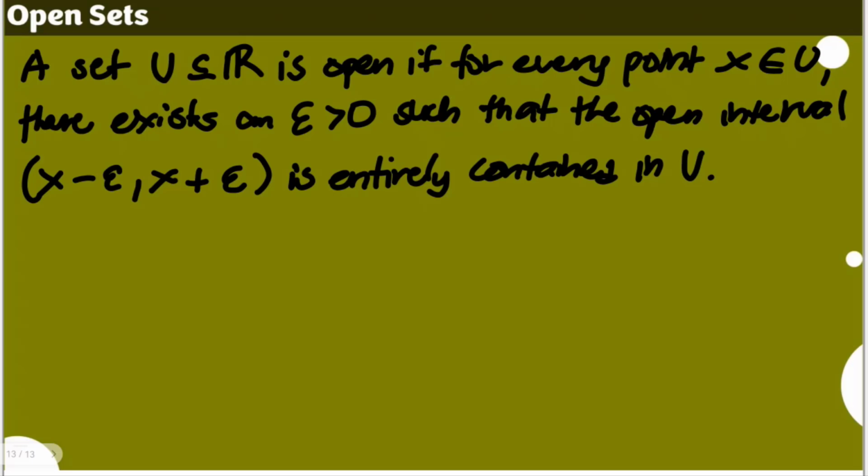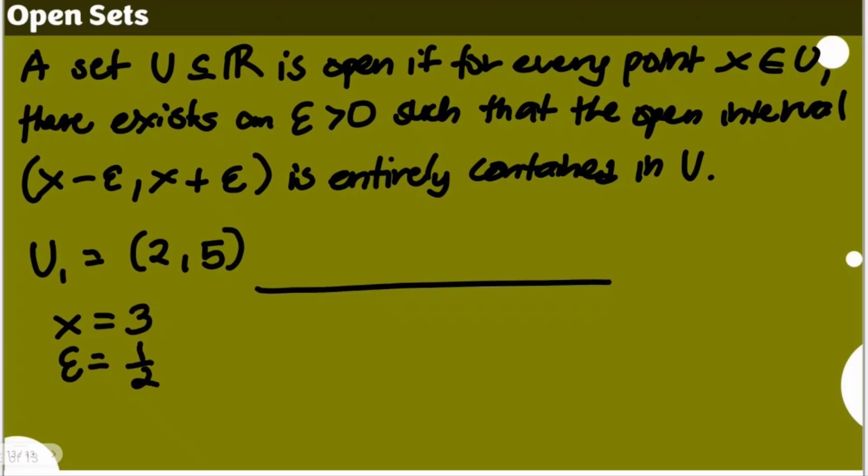Let's try to consider this interval here, U sub 1. What if I have the interval 2 and 5? This interval may be identified as open or not by looking into the possibility of any value of epsilon. Let's say x is 3 and epsilon is, let's say, 1/2.